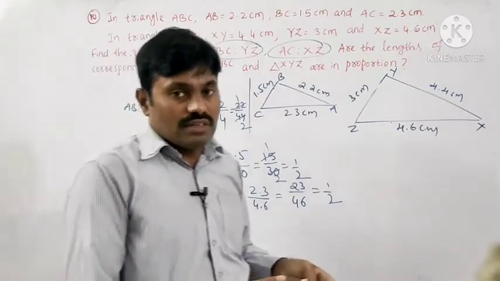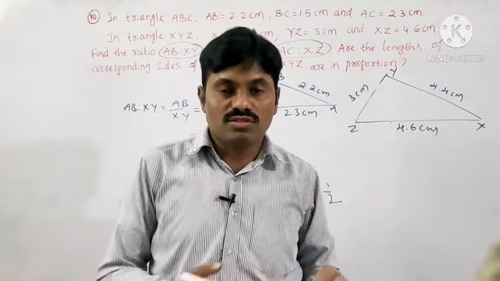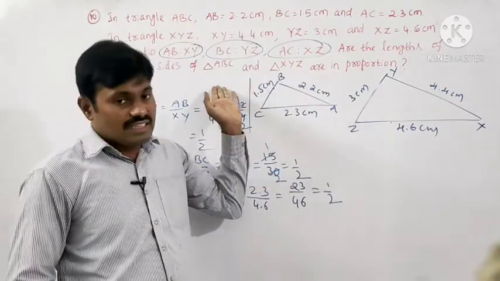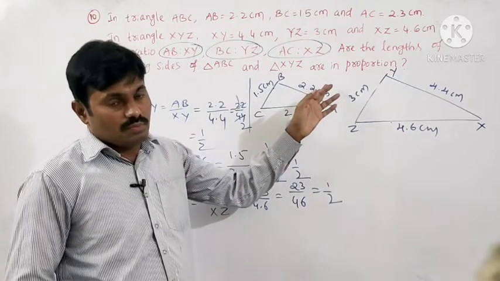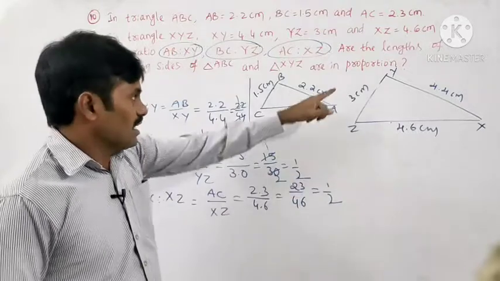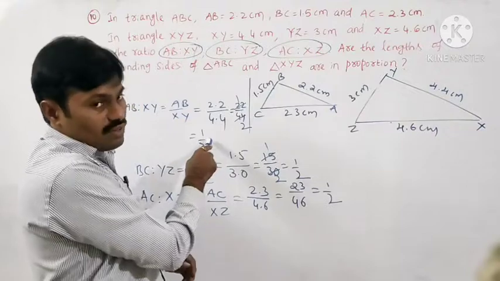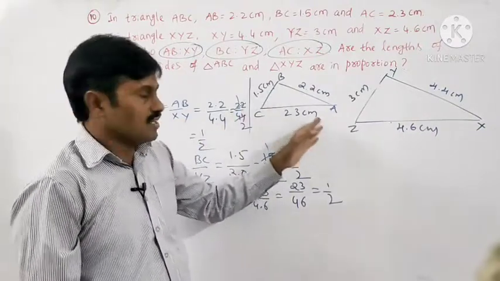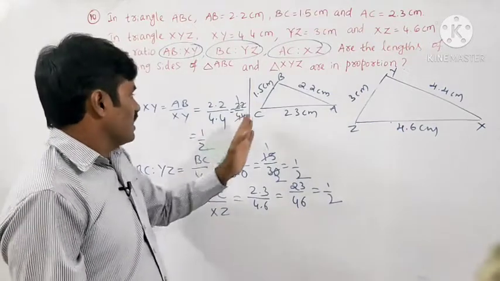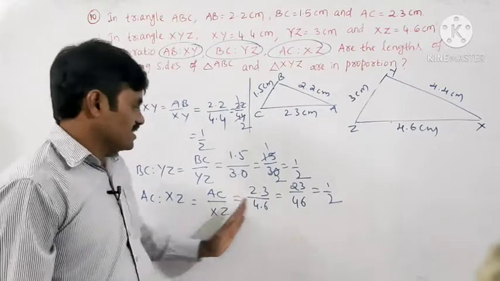If the lengths of the corresponding sides are in the same ratio, then we say that those corresponding sides are in proportion. We can say that two triangles are in proportion if their corresponding sides are in the same ratio. Here AB by XY is 1 by 2, BC by YZ is 1 by 2, and AC by XZ is also 1 by 2.